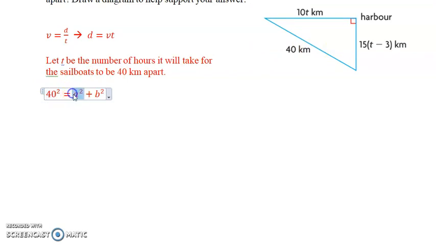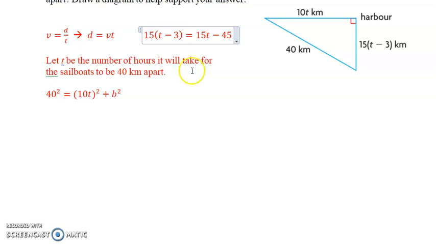A can be either side. So I'm going to make the side 10t, so make sure that it's 10t squared, not just the t. And then this 15 times t minus 3, to make it easier, I'm going to do the distributive property and make that 45t minus 45.